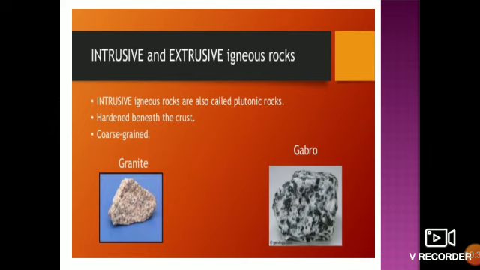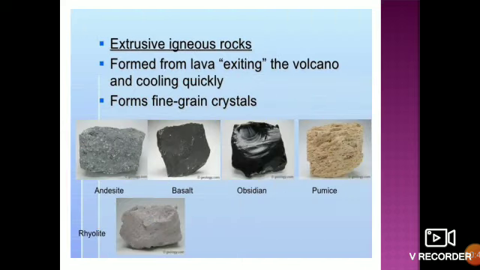This process takes place rapidly, resulting in the formation of small crystalline rocks. Such rocks are called extrusive igneous rocks or volcanic rocks. Basalt and pumice are some common examples of extrusive igneous rocks.